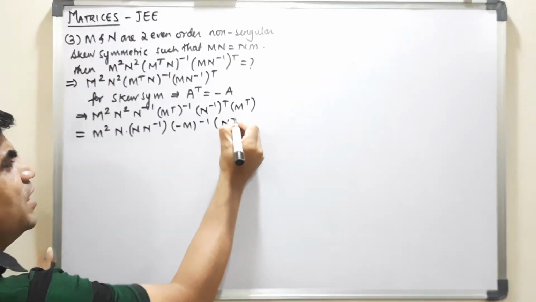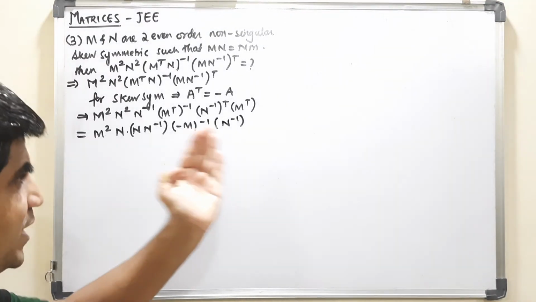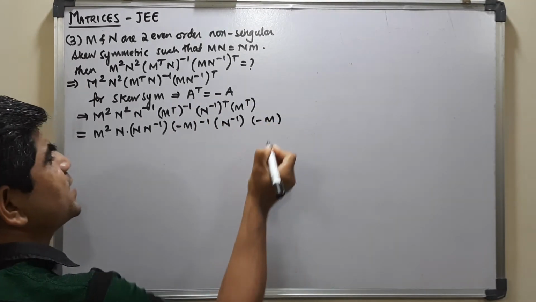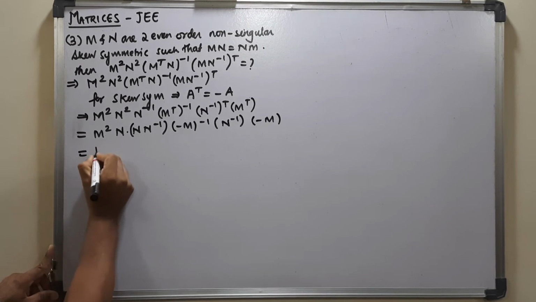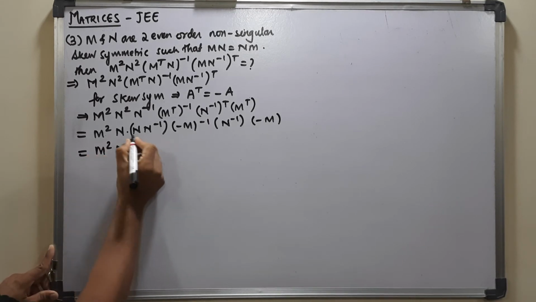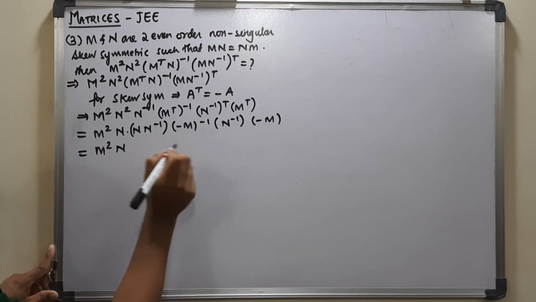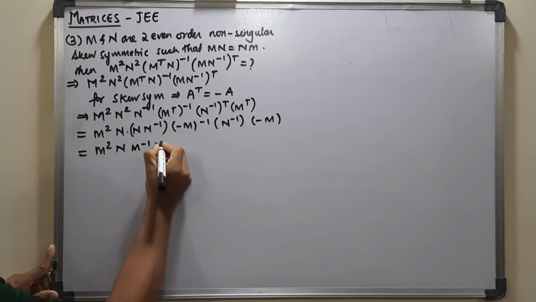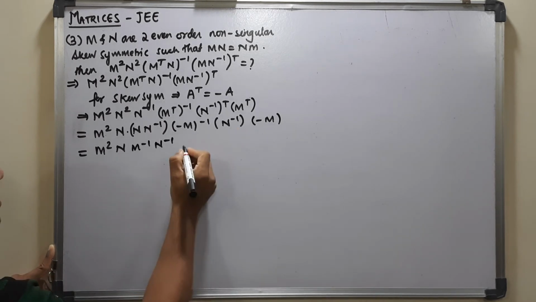I will make the change in the next part, and M transpose is minus N because they are skew symmetric. So it turns out to be M square N, and this is the identity matrix. This is M inverse into N inverse, and this is M.